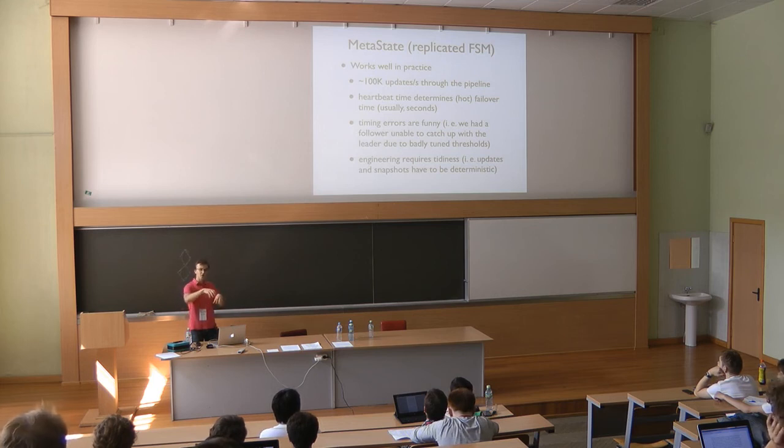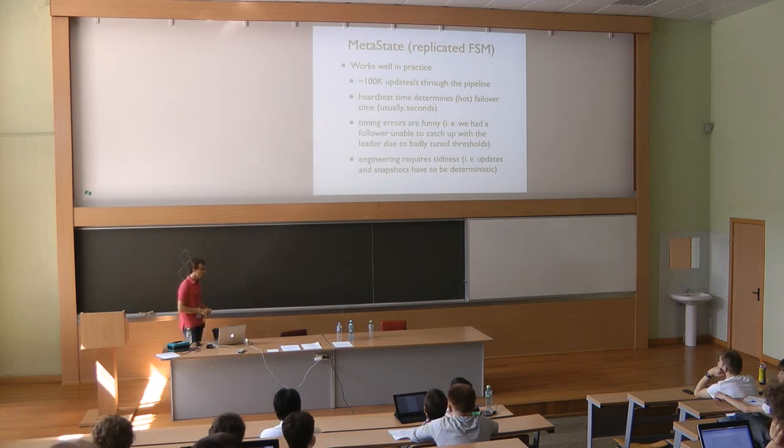So you have to ensure that the source of randomness is coherent between the machines. Also, you cannot use timing, because the clocks are usually unsynchronized between the machines. So updates which require time use the leader time. The leader, with every request, sends a timestamp of when this particular request was initiated.